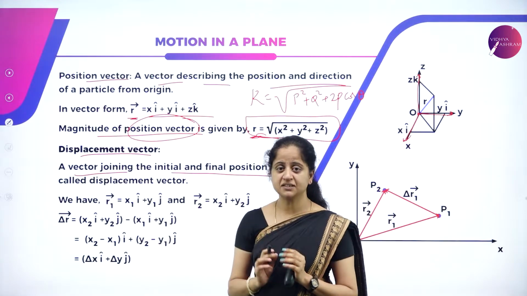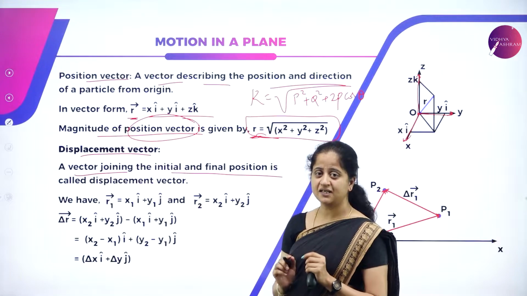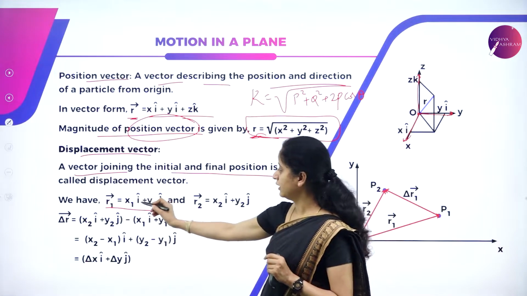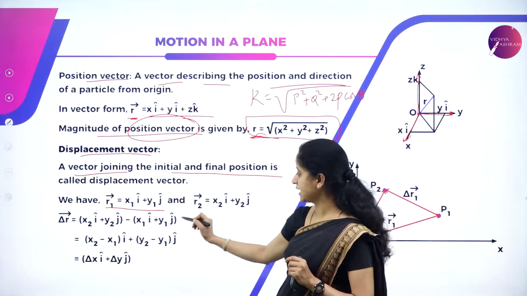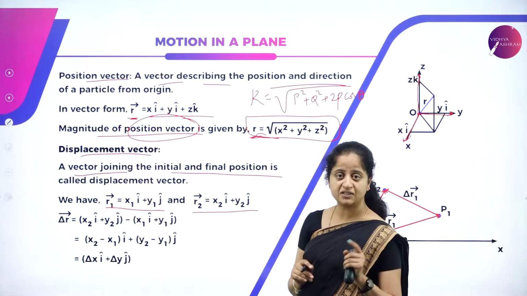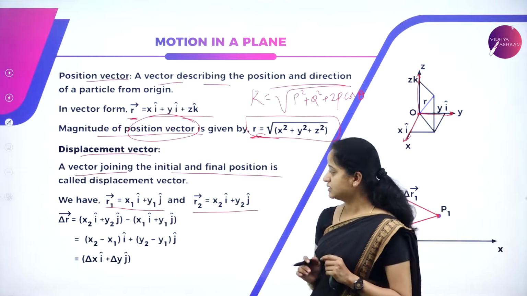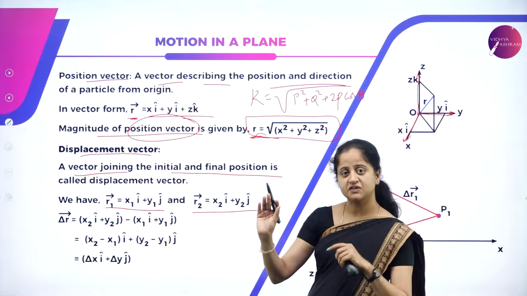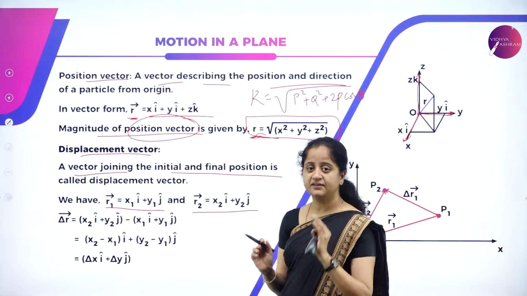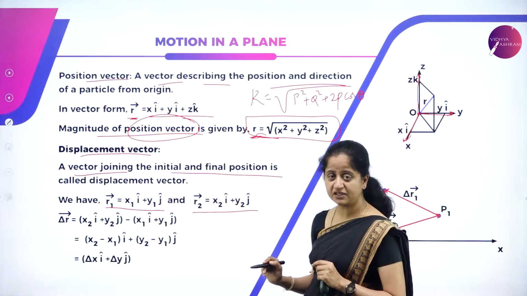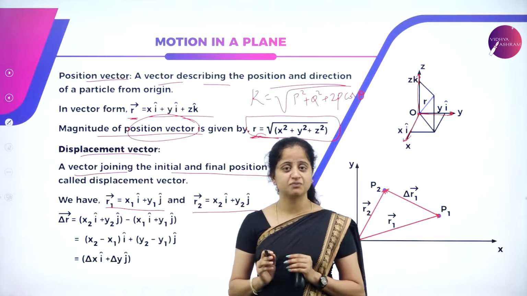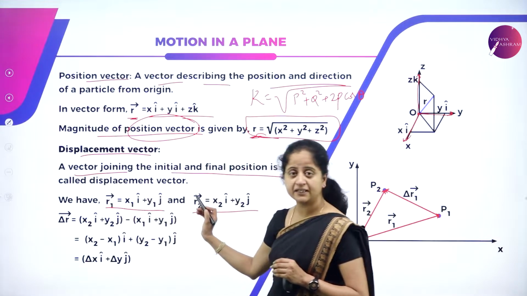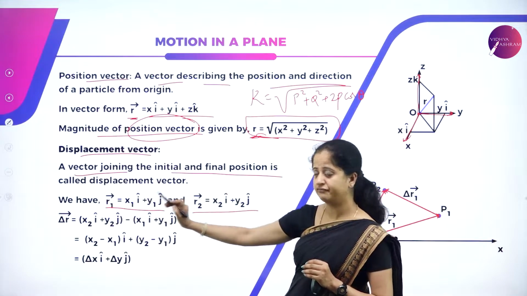So how to represent this displacement vector? Let us take an example. Let us take a vector r1 equal to x1 i cap plus y1 j cap, and vector r2 equal to x2 i cap plus y2 j cap. Now let us find the difference between this final position and initial position. In this example, vector r2 is the final position and vector r1 is the initial position, let us say. Now to find the displacement vector, we need to take the difference between these two vector forms.